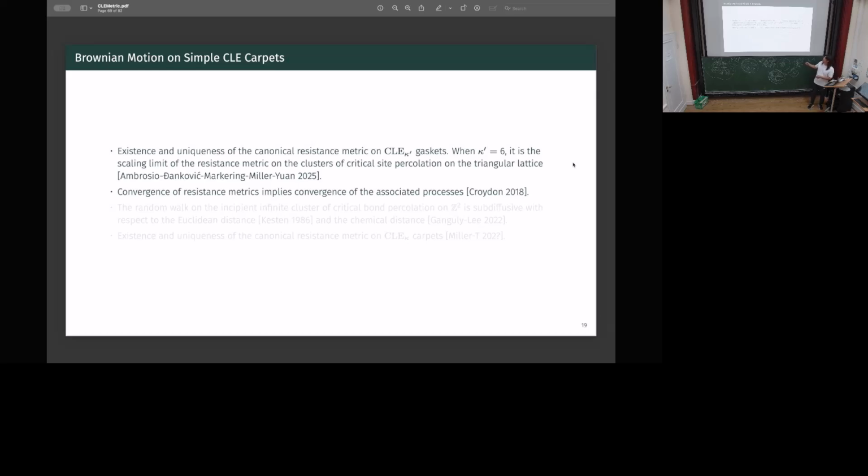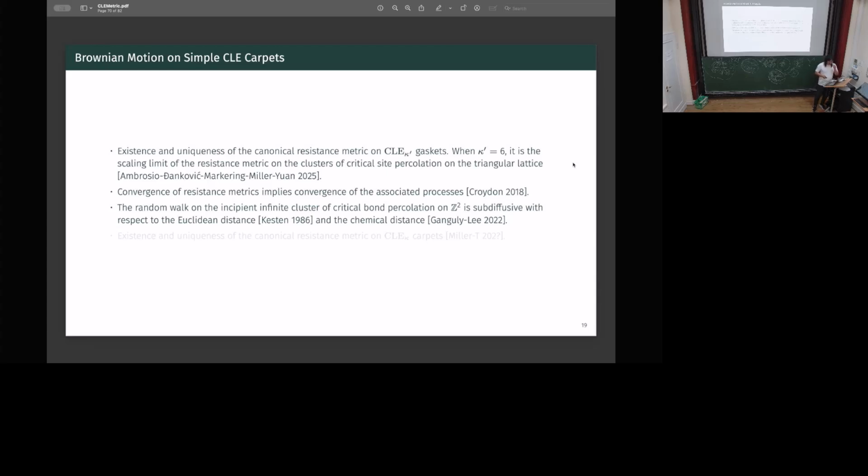So they constructed a resistance metric, and by the framework we talked about just before, it gives rise to a Brownian motion on the carpet, and this implies the simple random walk on critical percolation cluster converges to the Brownian motion.